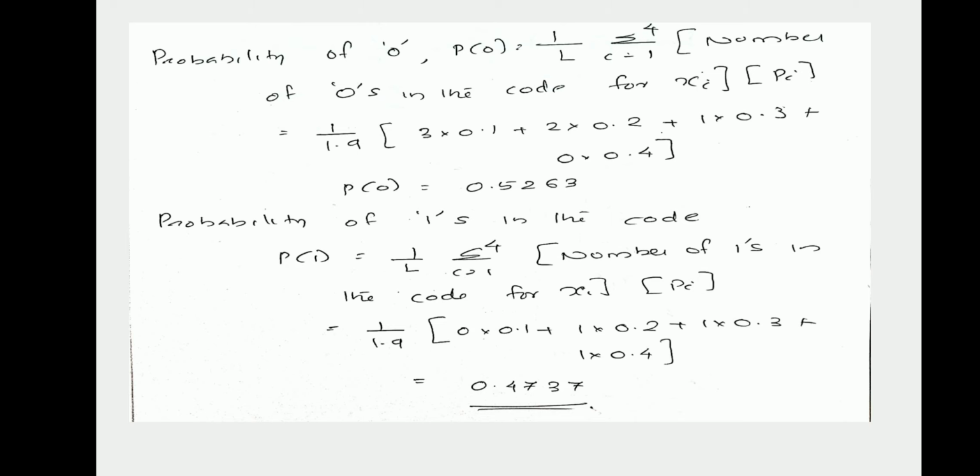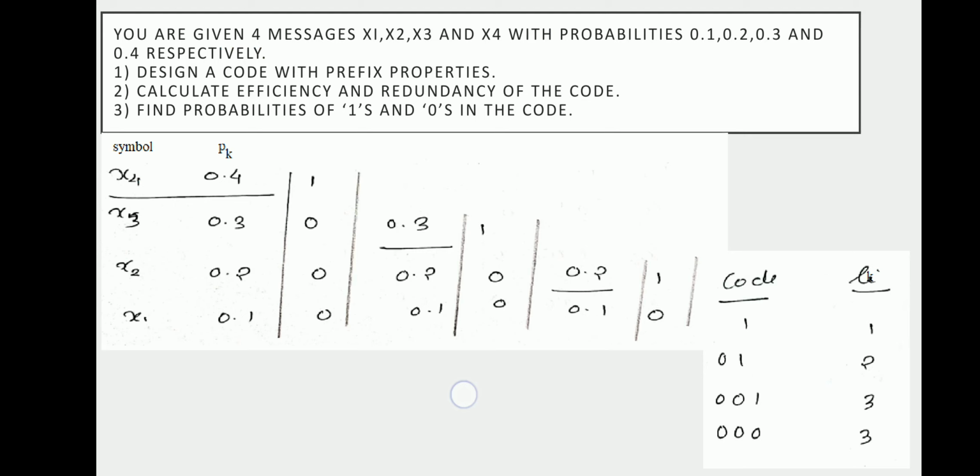Then the probability of ones should be 1 minus P of 0. So 1 minus 0.5263 is 0.4737. Or you can find it using the equation P of 1 is equal to 1 by L into the summation of i equal to 1 to 4 of the number of ones in the code for xi into pi. So we can write 1 by 1.9 into the number of ones in x4, which is 1.